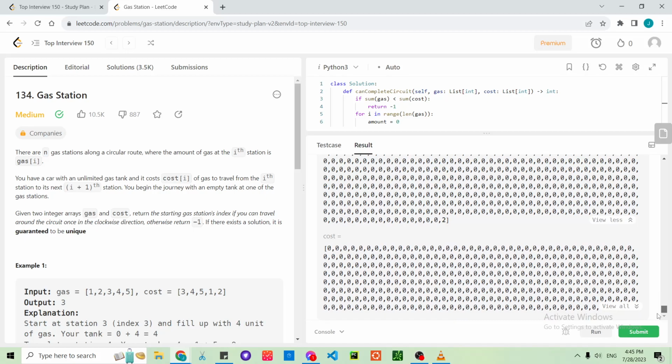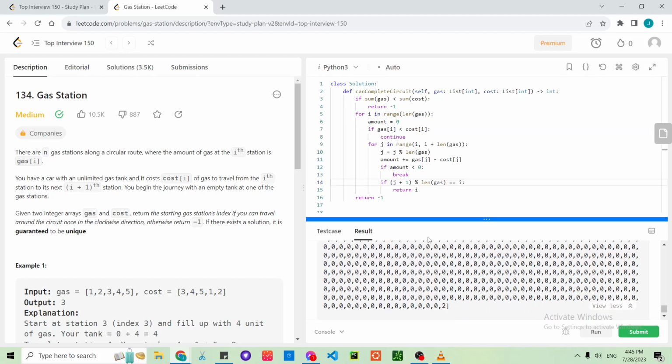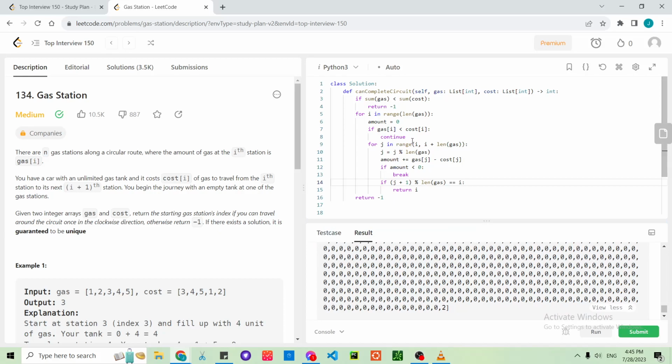Is there anything we can do that cuts some part of the operations? For i, so what happens when we have all these zeros?